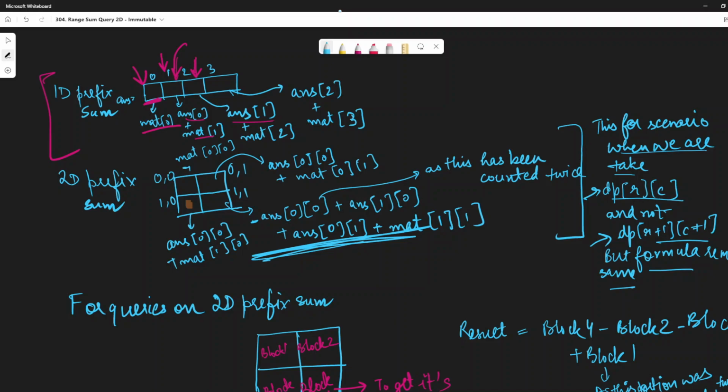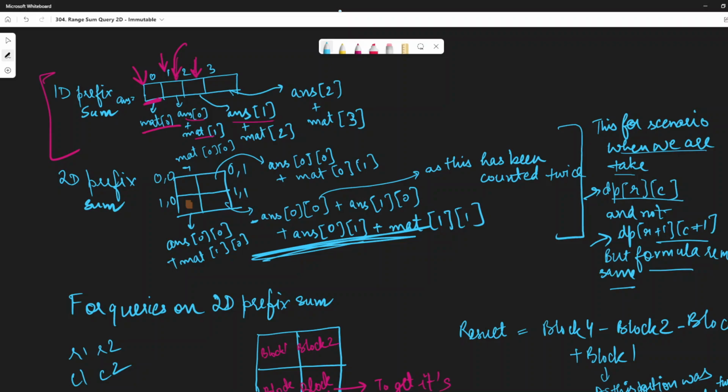Now comes the part for calculating the queries on this 2D prefix, because we would be given row 1, row 2, column 1, column 2, and that row 1, row 2 could be any row or any column, right?